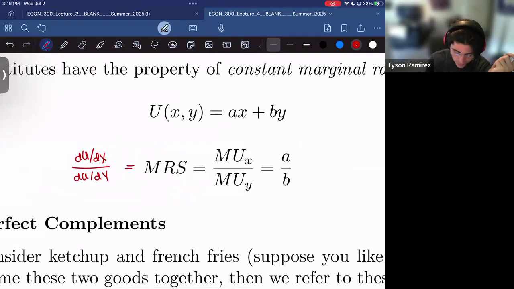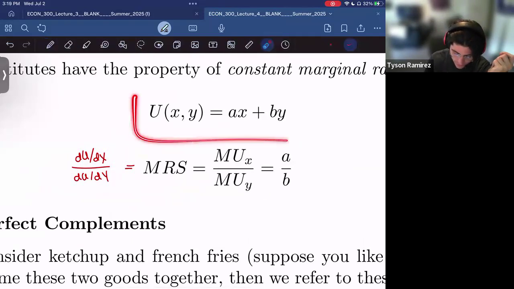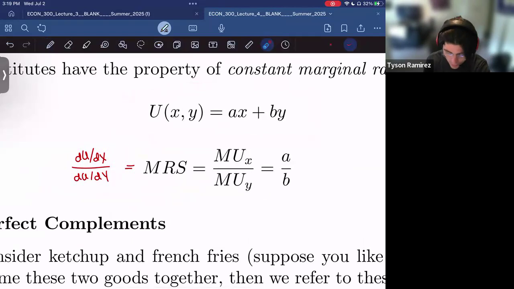And then if we took the derivative of this function with respect to x, then we would simply get the coefficient a. If we took the derivative of this function instead with respect to y, then we'd simply get the coefficient b. Remember, if I'm taking derivative with respect to x, I just treat y like a constant. And what is the derivative of a constant? It's 0.